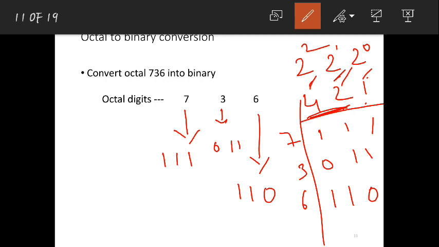Now this is my total binary number which I converted. This was octal and this is my binary: 1 1 1 0 1 1 and 1 1 0.